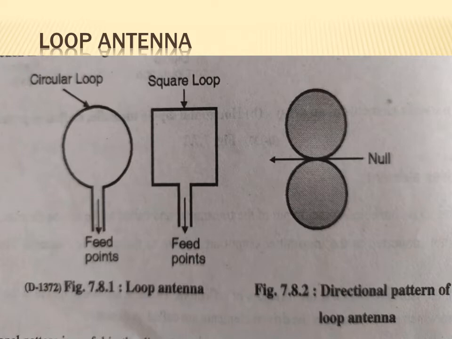It is mounted on top of the portable receiver and the receiver output is applied to an indicating meter. So these loop antennas are used in direction finding applications.